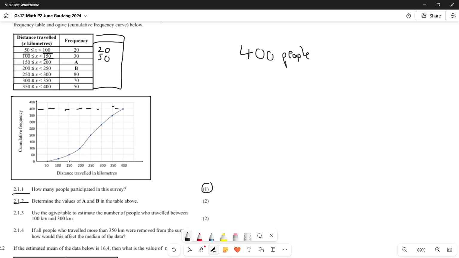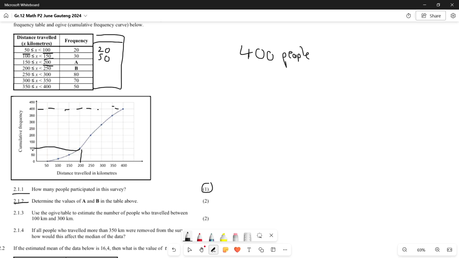As we can see here at 150 kilometers, the independent variable, we have 50 people for our cumulative frequency. That is how we add this up, which means as we're looking here at 200, our end point, and we're trying to figure out A, we have to subtract the difference between the 100 and the 50.